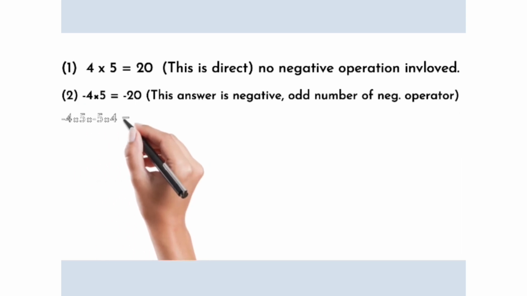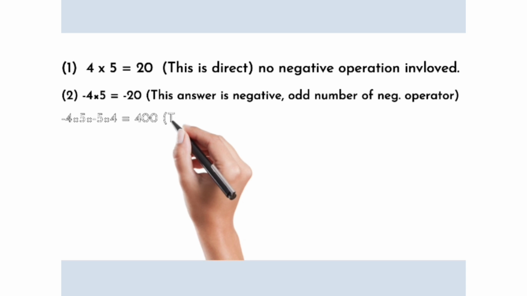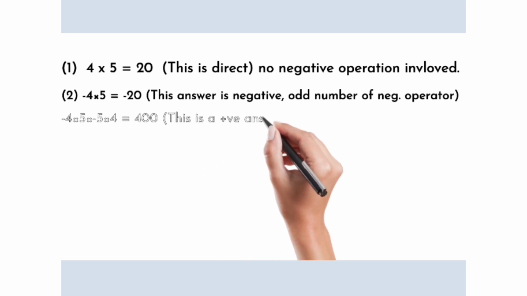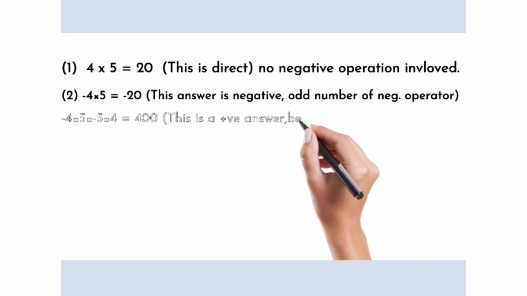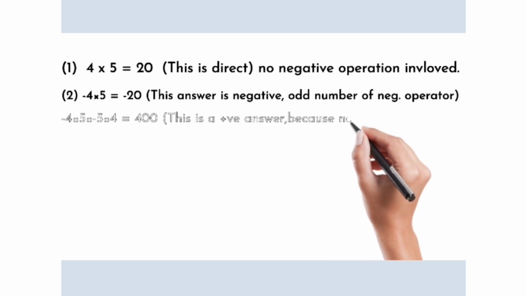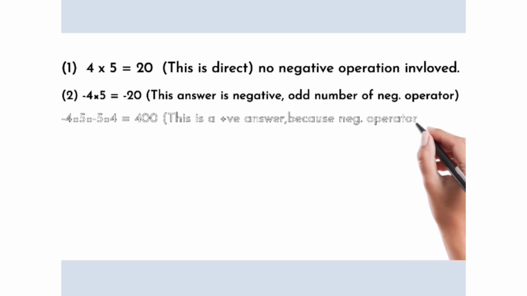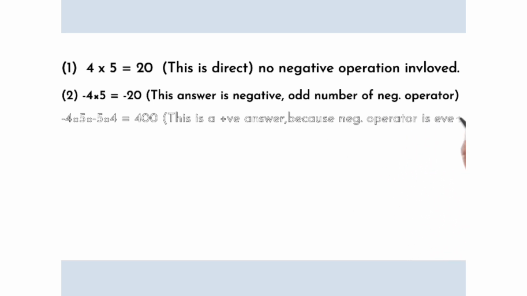Now, if you have minus 4 times 5 times minus 5 times 4, the answer is 400. This is a positive answer because we have 2 negative operations, an even number.